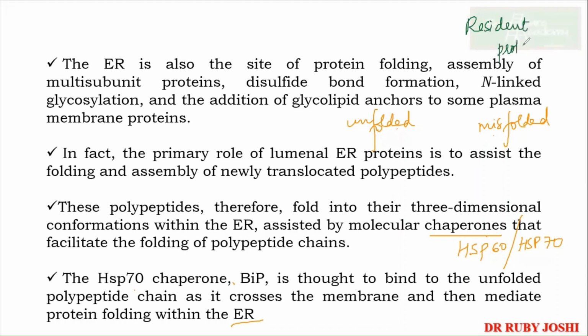Now, what do you mean by resident proteins? Go with the normal English meaning. So resident proteins का मतलब क्या होगा? That they're always present in the ER lumen. ठीक है?